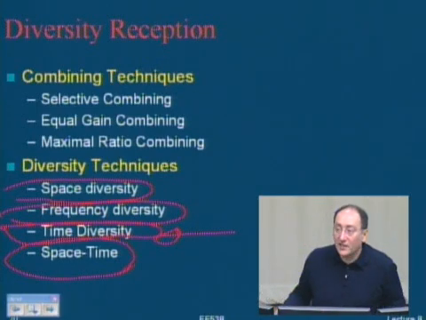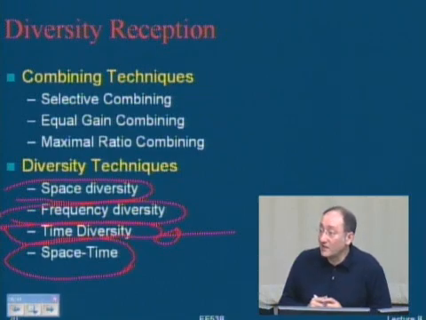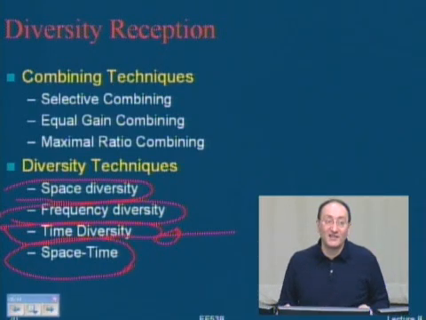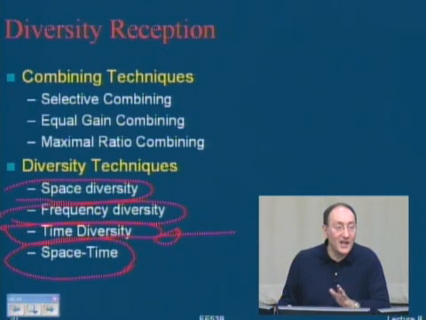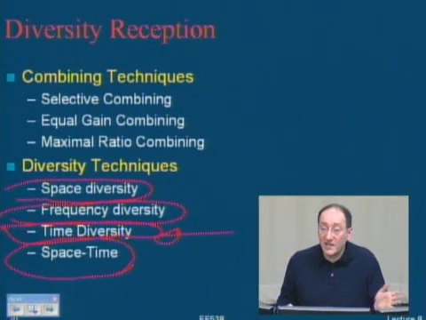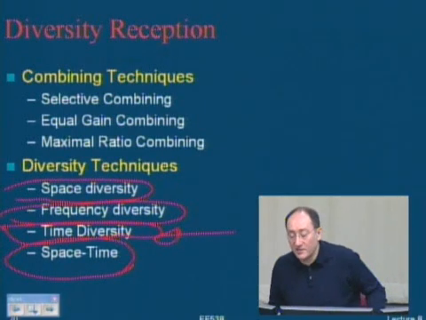And based on that, I showed you this famous thing that I lose like 35 dB when I'm exposed to Rayleigh fading and I have the same average signal to noise ratio, for example, or the same error rate, for example.